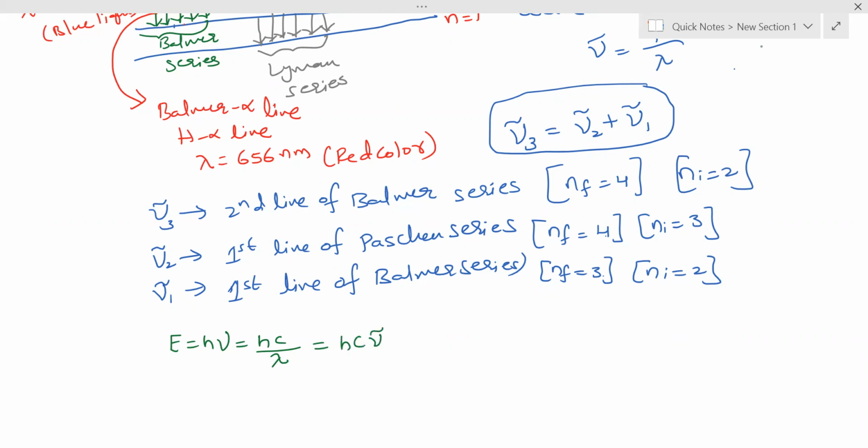Here h and c are constants, and the wave number is not constant. That is, energy is directly proportional to the wave number. So the energy difference between these two levels is the sum of the energy differences between these two and these two. That is why, as energy is directly proportional to wave number, we are able to write in this fashion. So this is the relation between different lines in the spectrum.